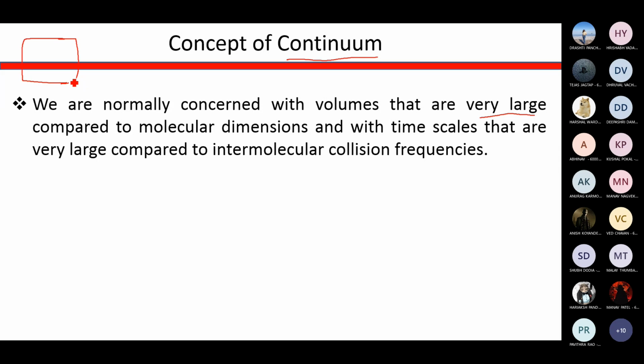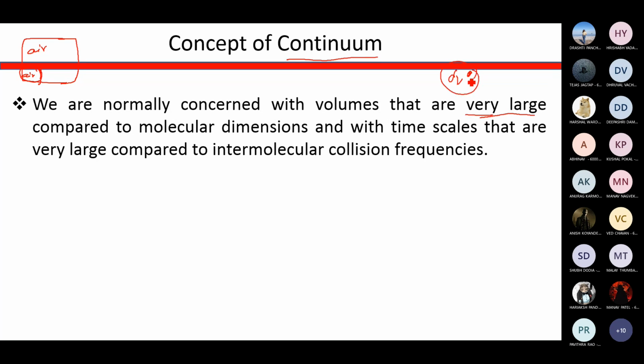Suppose I want to define the density of the air in this tank. I may consider this entire tank as a volume, or even if I select some region like this and define the density here, this volume is still very large compared to your delta V dash.